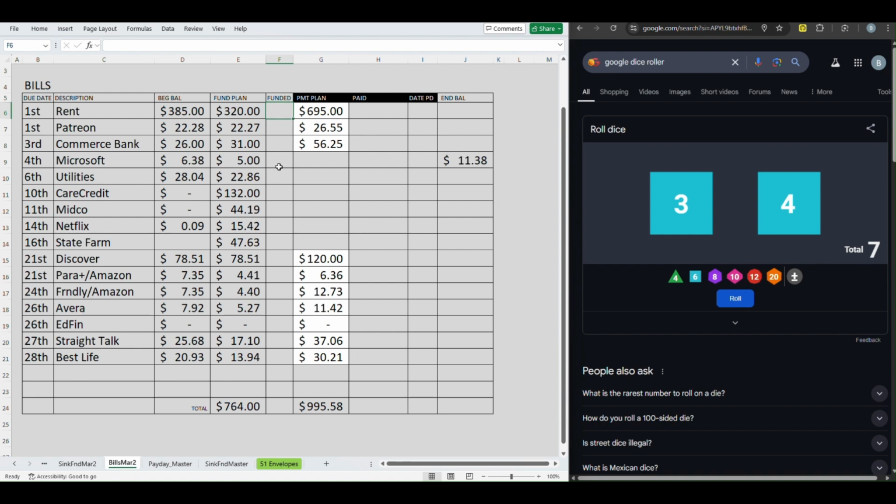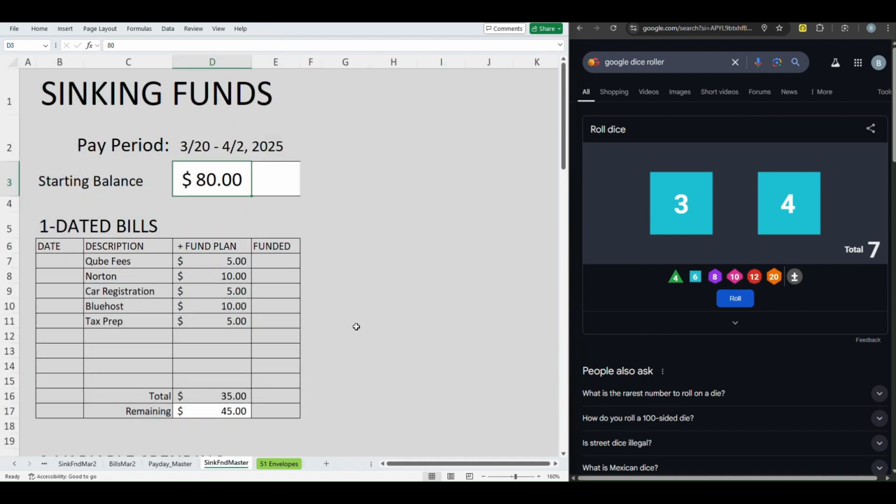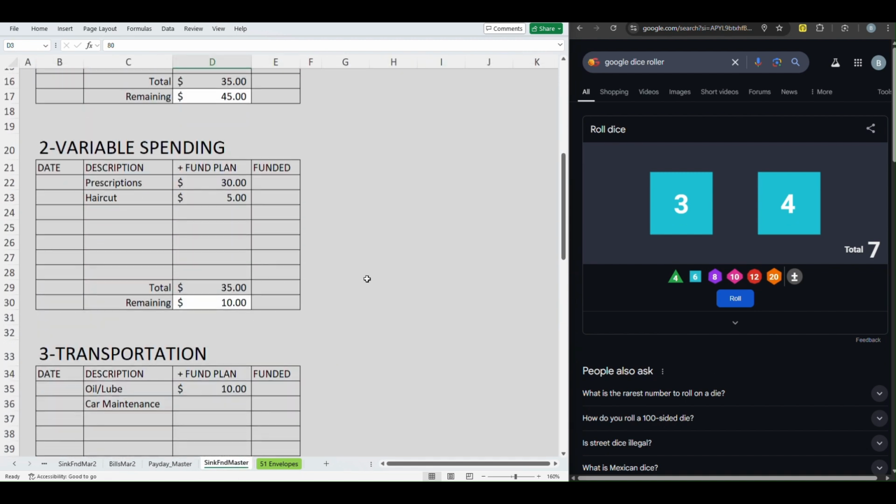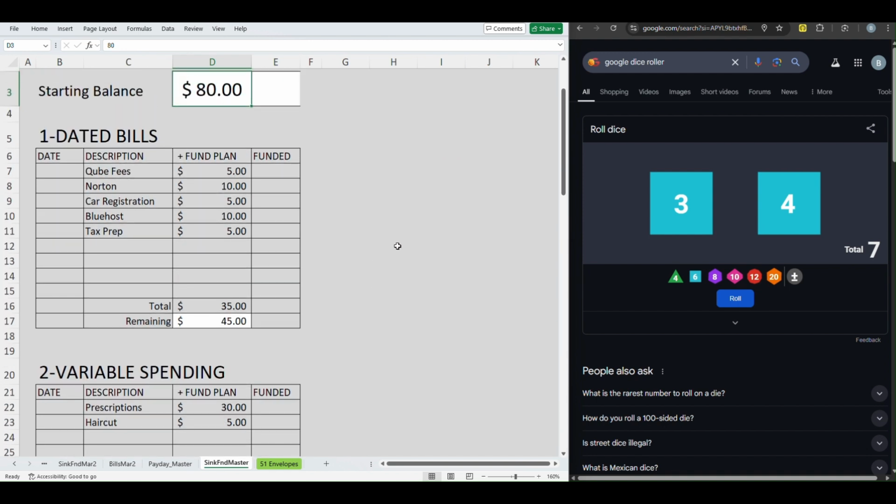I can put the little check mark in the funded or in the paid category, and it should be fine. And then these guys, as soon as I fund them in my Qube app, I'll put a little X in the funded column, and then I'll put the date in that they went into the Qube app.